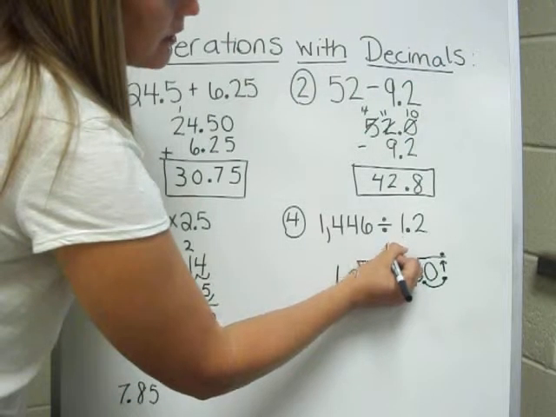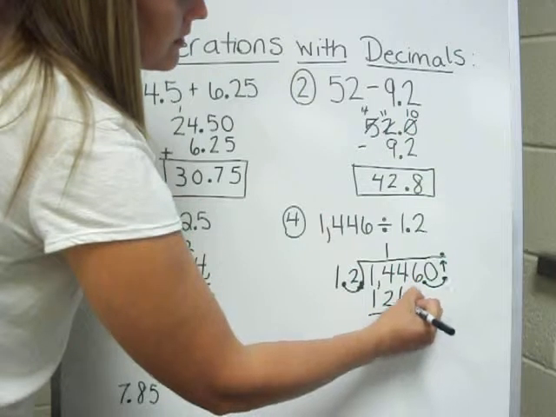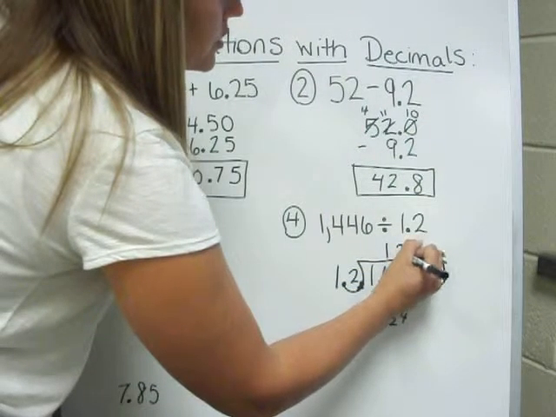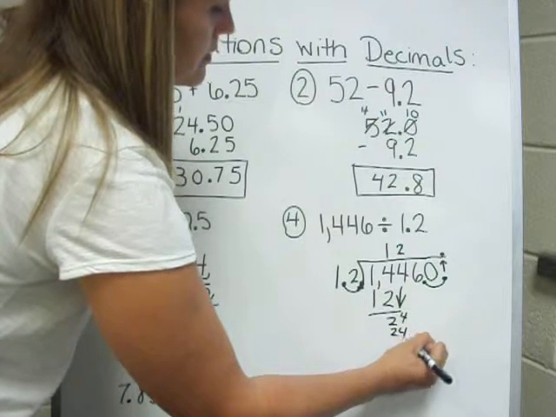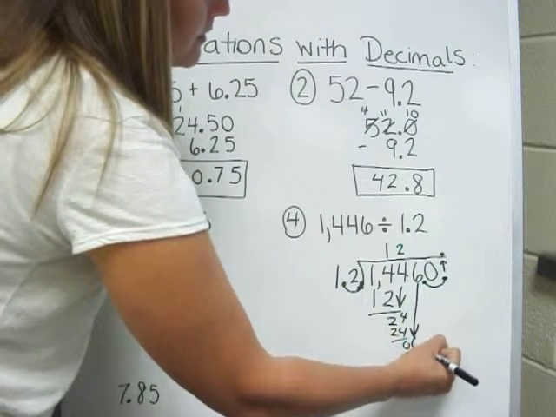12 goes into 14 one time. 2 left over. Bring down the 4. 12 goes into 24 2 times. Bring my 6 down. 12 goes into 6 0 times.